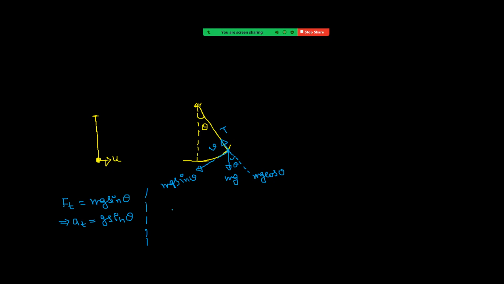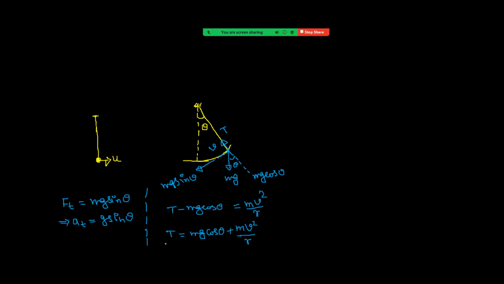So net force towards center is T minus mg cos theta, which is known as centripetal force. That equals mv square by r. From this we can write tension T equal to mg cos theta plus mv square by r.